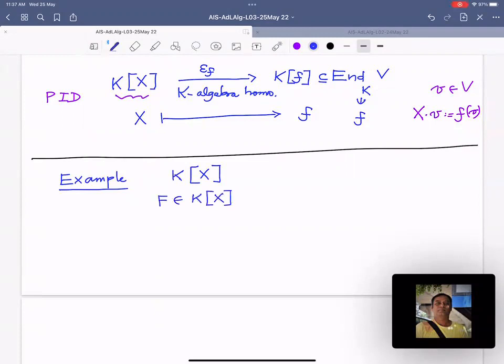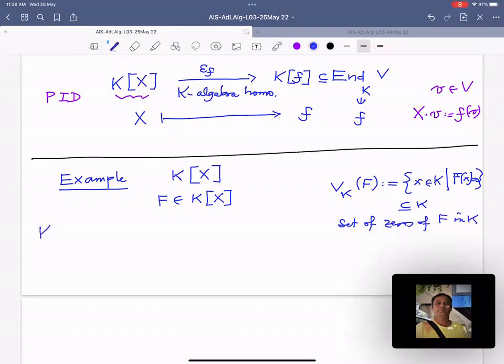Our interest was to say how many zeros the polynomial F has. So V_K of F is by definition all those x in K such that capital F of x is 0. This is the set of zeros of capital F in K.